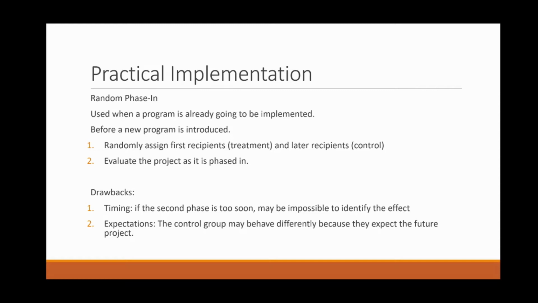But here's the problem. If the control group knows that they're going to receive the intervention next year or in the next phase, they might change their behavior relative to those who would never receive the intervention at all. And if they change their behavior, it will create a bias. This is basically a form of randomization bias.